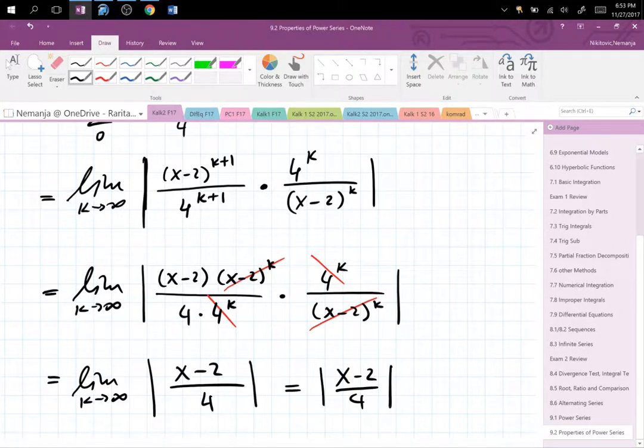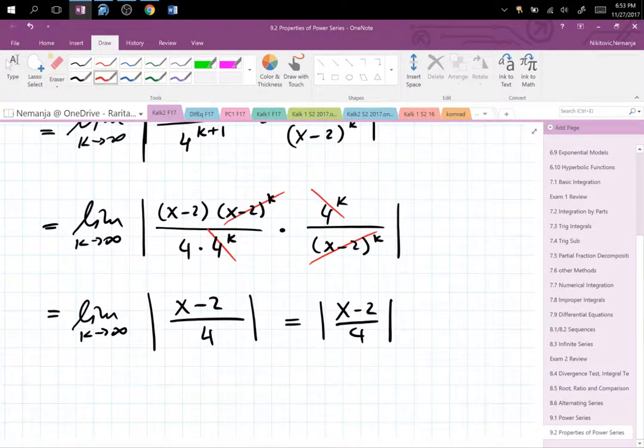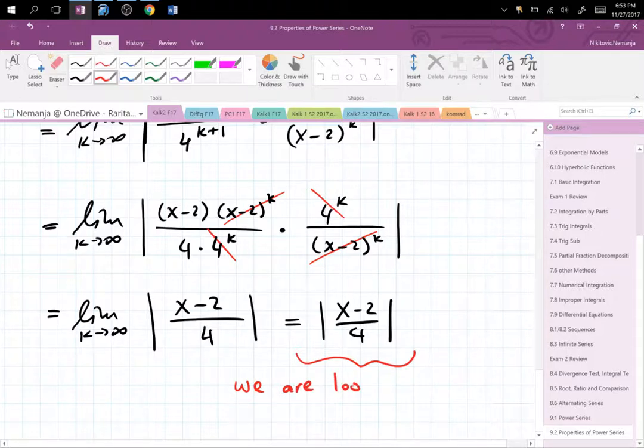Now what? What are we looking for? Aha. So here, I'll write it in blood. We are looking for convergence. Right? That means that you are going to put less than 1.